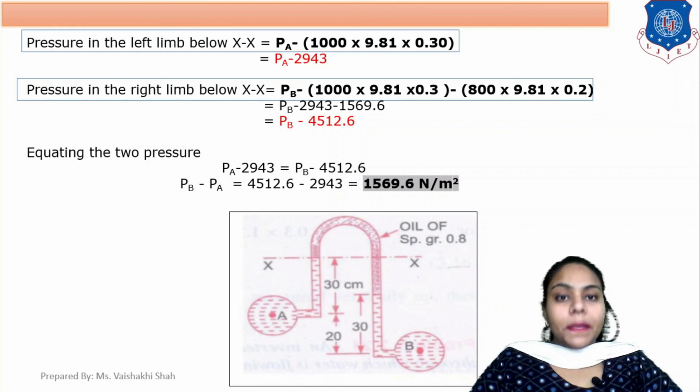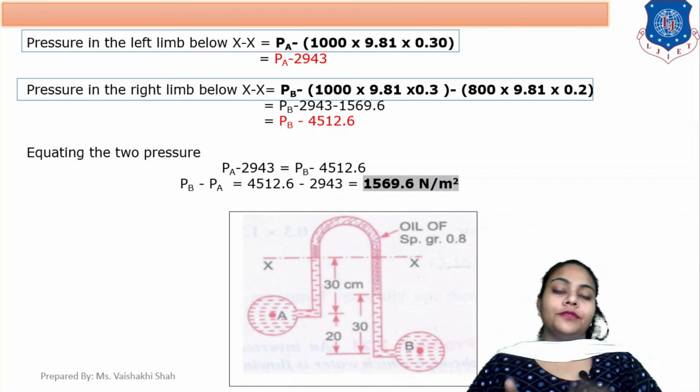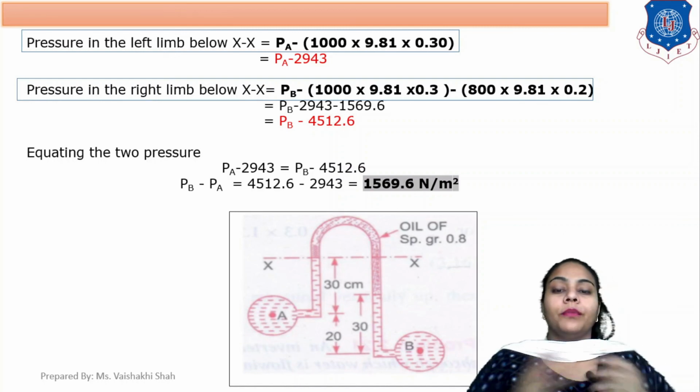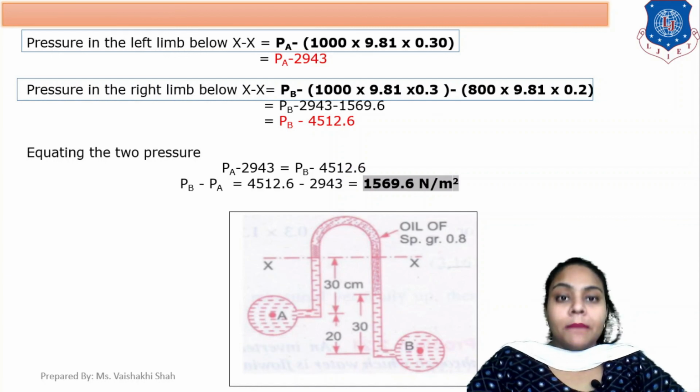So, you get Pb minus 4512.6. Now, pressure on left hand side equals pressure on right hand side. So, equating both the equations, you get Pb minus Pa, that is 1569.6 Newton per meter square.